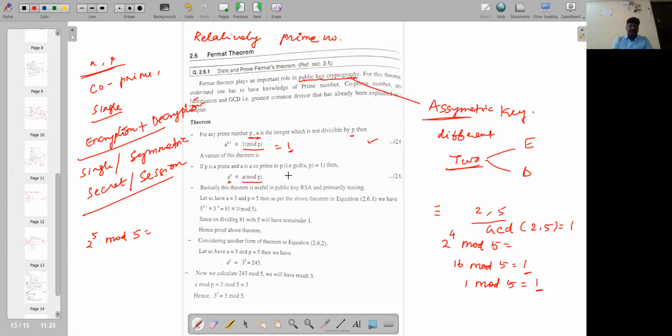So 2 mod 5 gives 2. Let me prove this. 2 power 5 is 32. Correct? 2 power 5 is equal to 32. Correct or not?